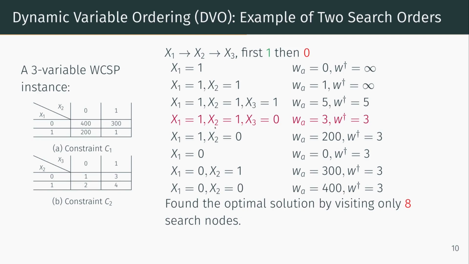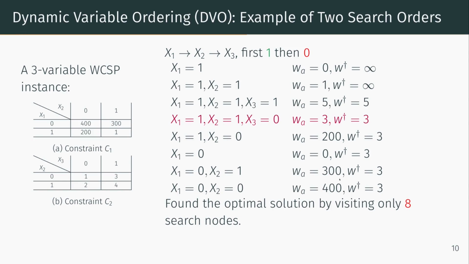After that, we backtrack, and we go x1 equals 1 and x2 equals 0. Here we already found that WA is 200 and it's way larger than 3, so we don't have to try any value of x3. Then we go to the next search node, backtrack to x1 equals 0. Now we go down 1 level, x1 equals 0, x2 equals 1.